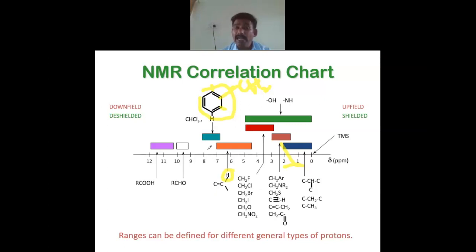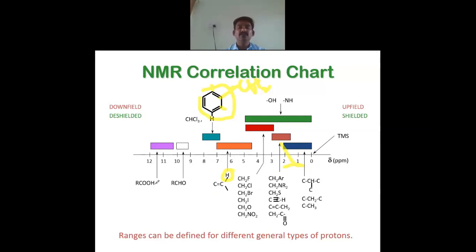And aldehyde groups: the aldehyde proton, RCHO, appears at 9 to 10. And the acid proton appears at 11 to 12.